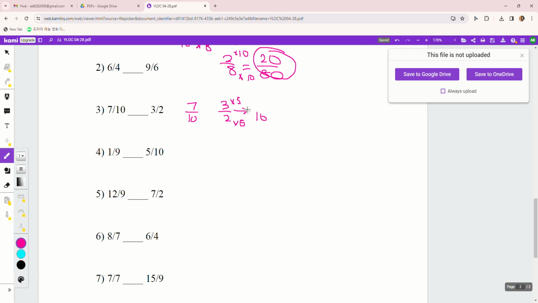And then 3 times 5 is 15, so 3 over 2 is equivalent to 15 over 10. So clearly this one is bigger, so 3 over 2 would be greater than 7 over 10. So it would point this way.